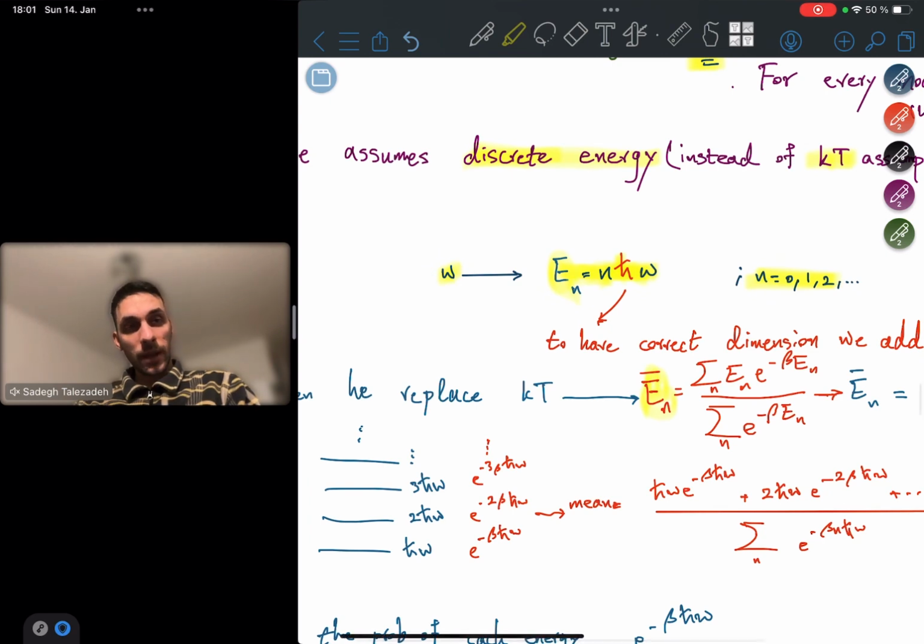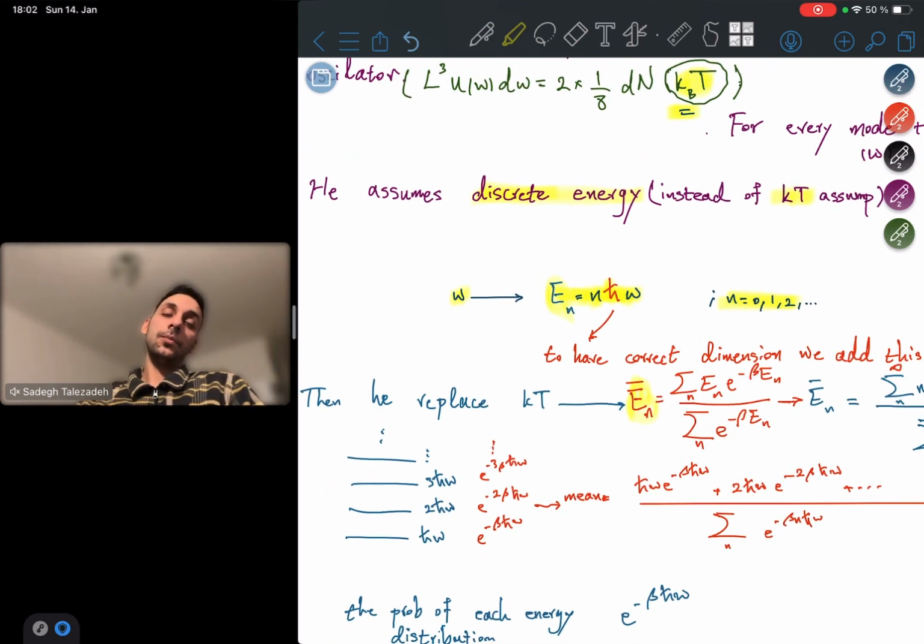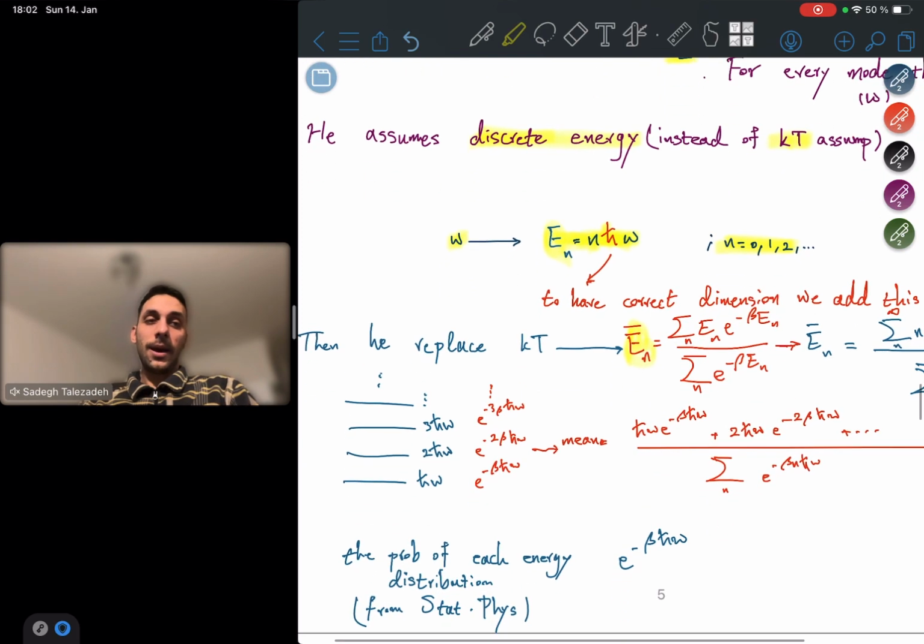So on the left hand side we have the energy, and on the right hand side we have a frequency. So h bar somehow we have to put in to correct the dimension. So basically what he did was more mathematical effort than adding some physics to the problem.